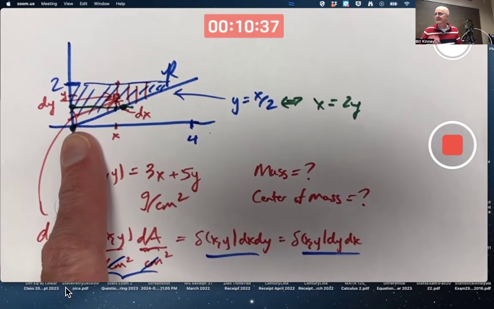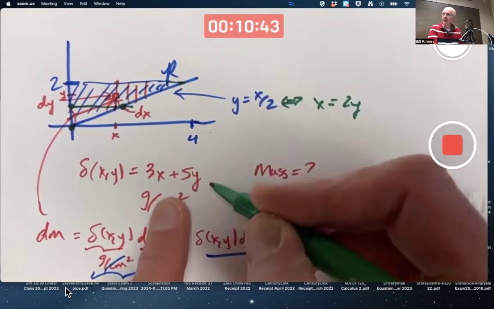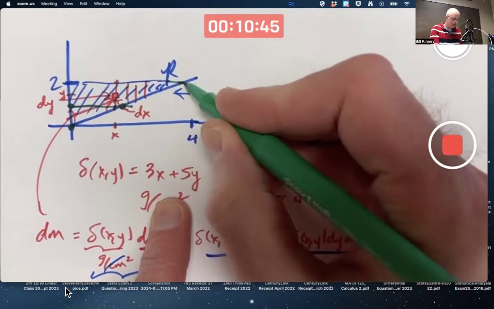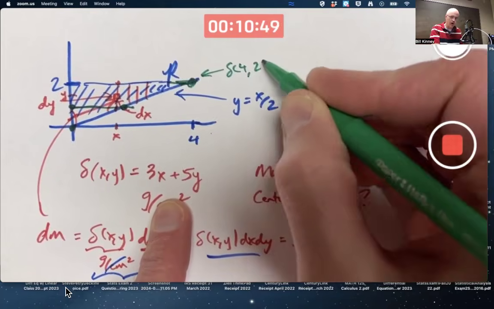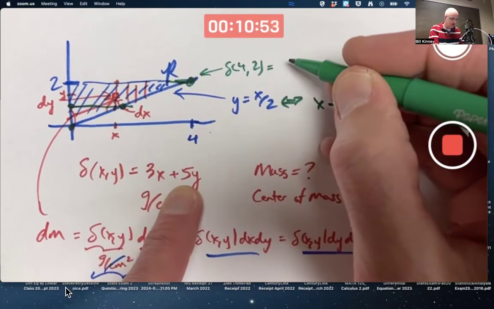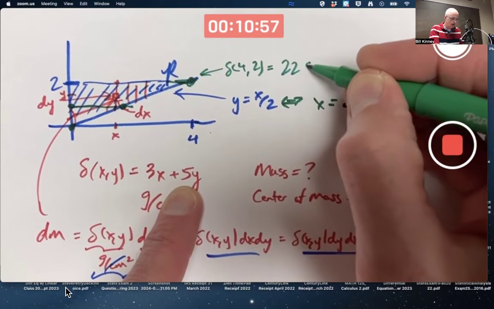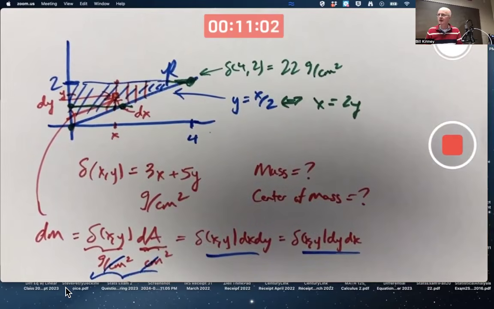You could very easily break it off. And it's most dense in the top right corner where x and y are largest. Delta of 4 comma 2 would be 3 times 4 is 12 plus 5 times 2, 12 plus 10 is 22 grams per square centimeter in that top right corner. The molecules are all closer together.